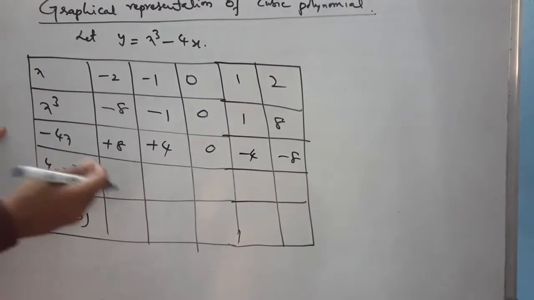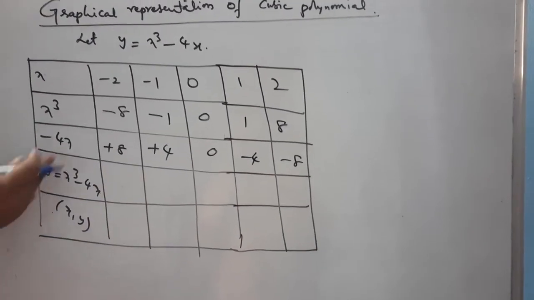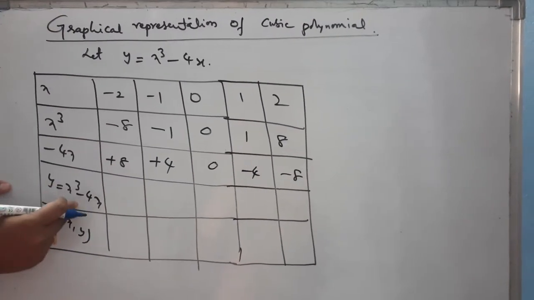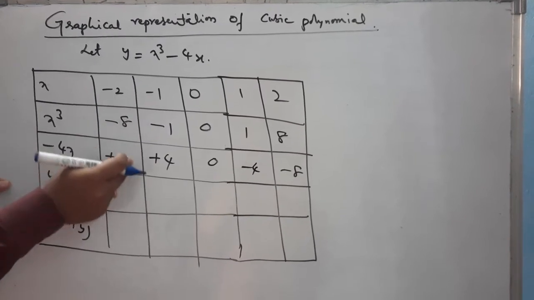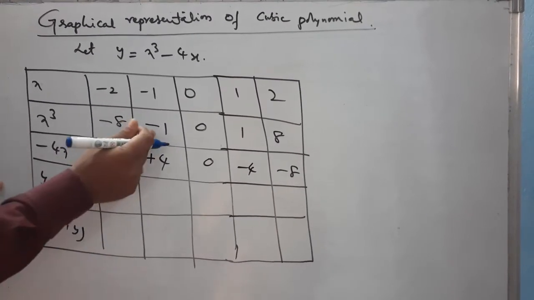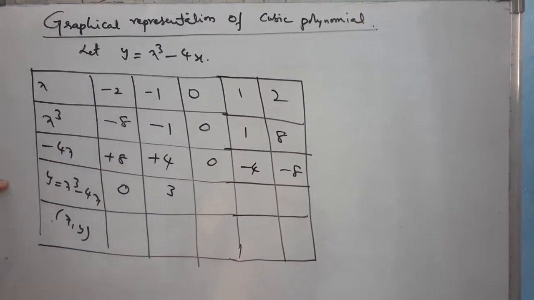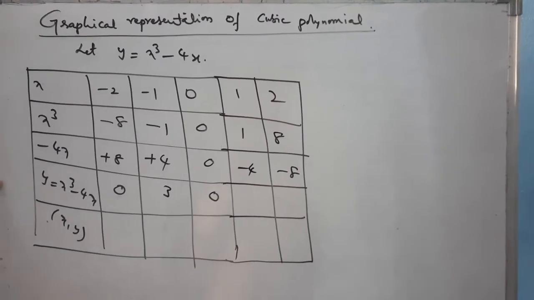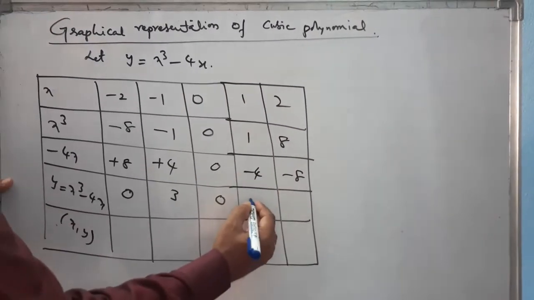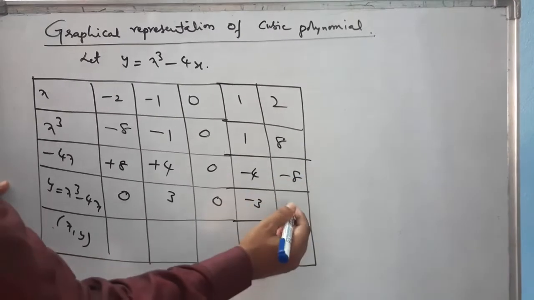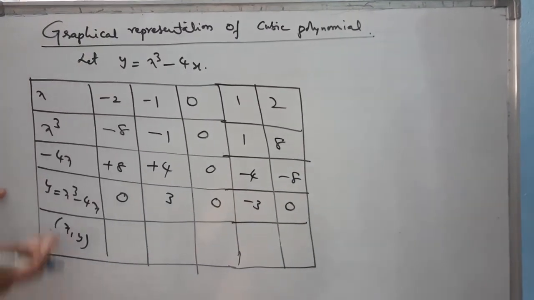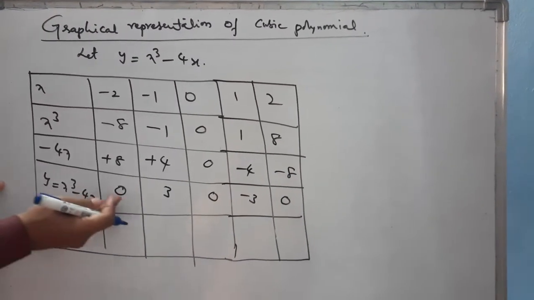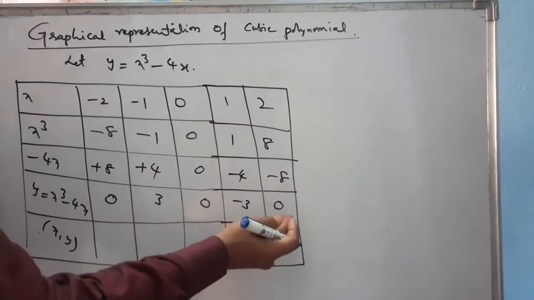Now we have to add these two, and we will get the y value. Minus 8 plus 8 becomes 0. Minus 1 plus 4 becomes 3. 0 plus 0 is 0. 1 minus 4 means minus 3. 8 minus 8 means 0. So we got the y values 0, 3, 0, minus 3, 0.